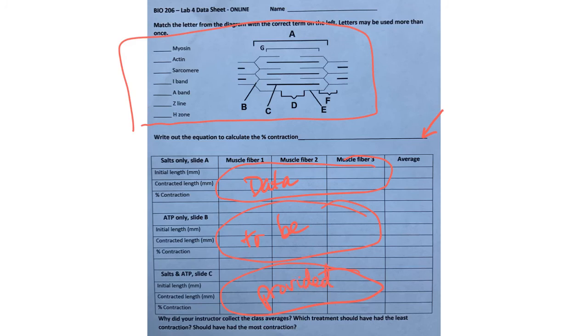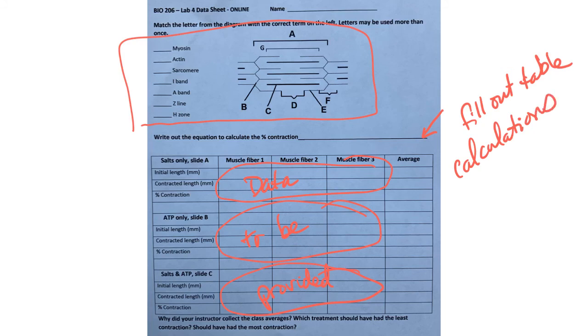So your data sheet will probably look like this when you print it out. Then there will be data posted on Blackboard. You need to fill out your table with the data. Then you need to do all the calculations. Basically, the data you would be given are these two rows for these three columns. Same thing here.